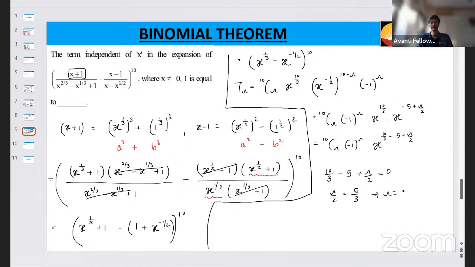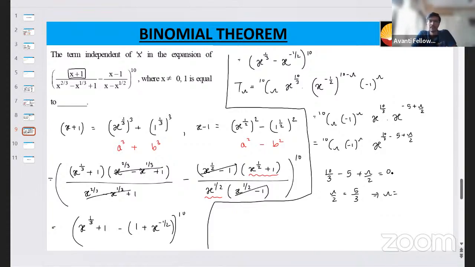So basically r is, गड़बड़ हो गया क्या? What mistake did we make?